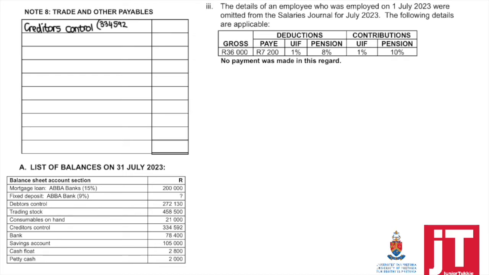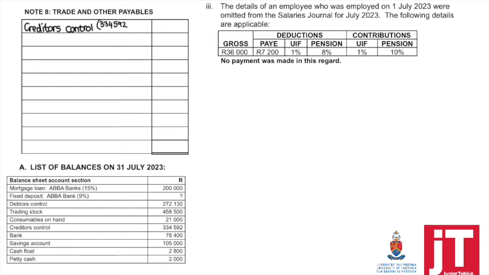The gross will always appear as an expense in the statement of comprehensive income. All deductions plus the contributions towards the pension fund, medical aid fund, UIF, whatever the case may be, will go to the fund account and that money is owed to them.